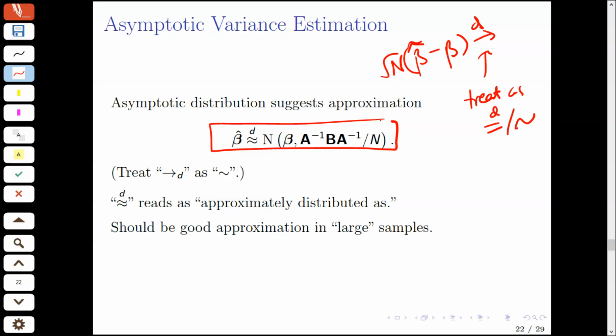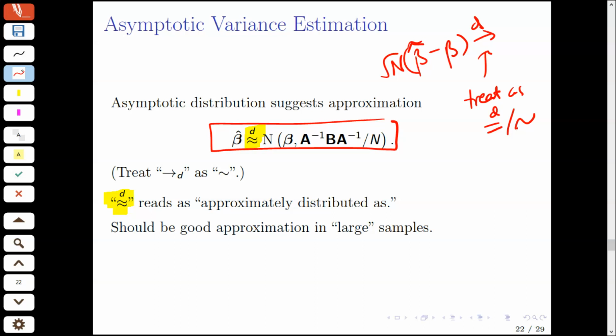Now this is a bit of a heuristic argument. I'm being somewhat loose here. And this notation, double tilde d, reads only as approximately distributed as, which is just a useful shorthand, but admittedly somewhat loose notation for approximate distributions.